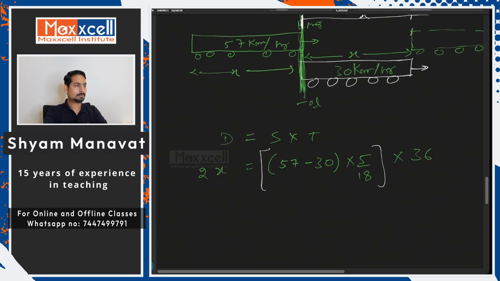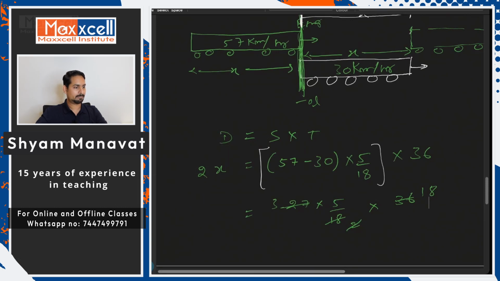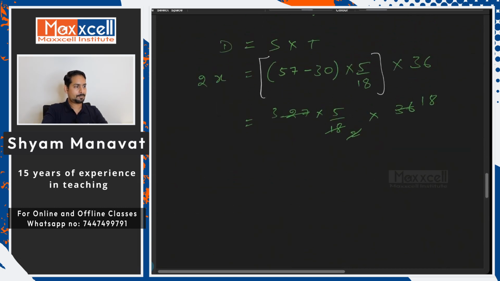Okay, now let's just simplify. Let us quickly simplify. So what do you have here? Difference is 27, 5 by 18. Multiply by 36, 2 18. Now if I want to find out the value of x, I have to say x equal to 3 into 5 into 18, again divide by 2.